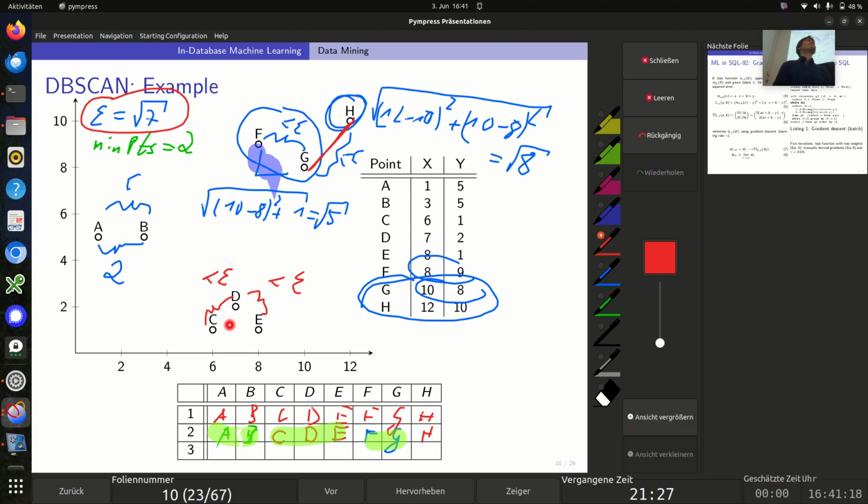But I wanted to show you DBSCAN because no one taught it to me when I was a student, and these are the two most important clustering algorithms I know, k-means and DBSCAN. And now you know.